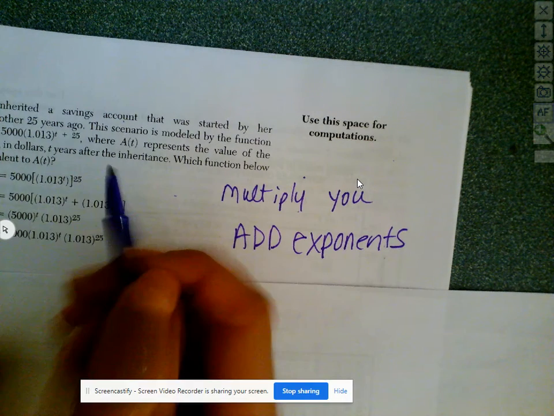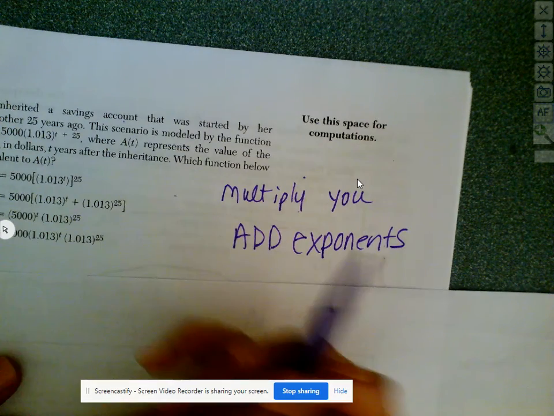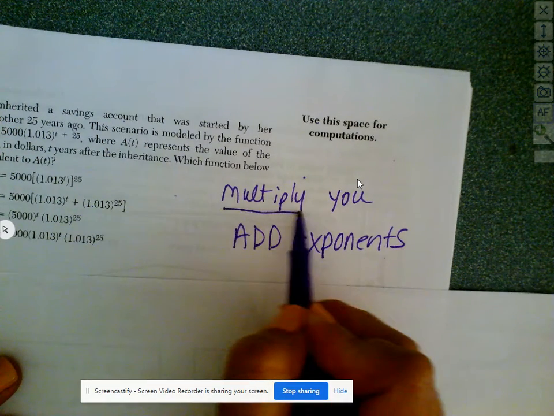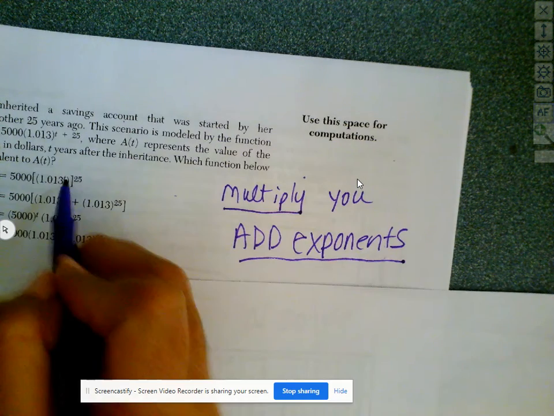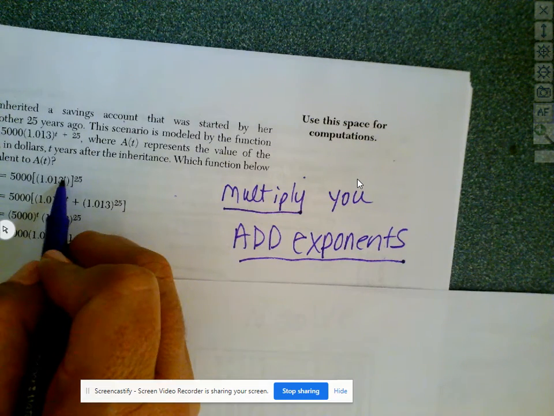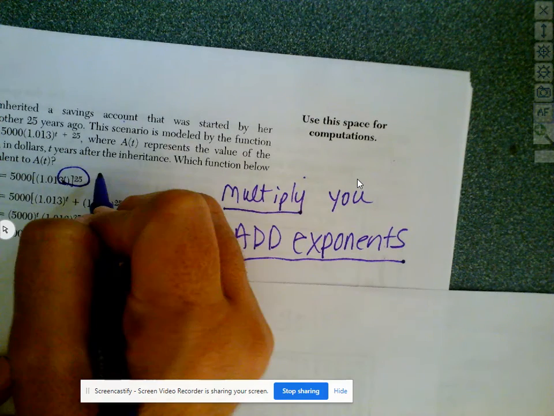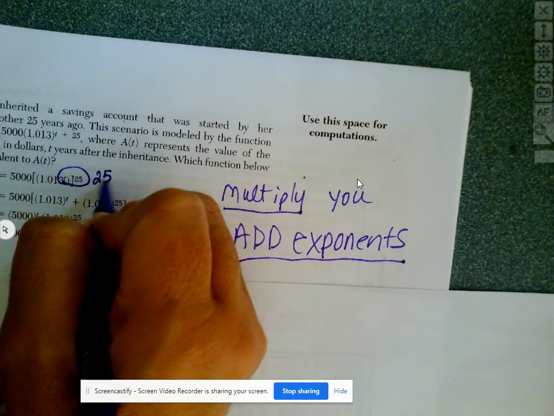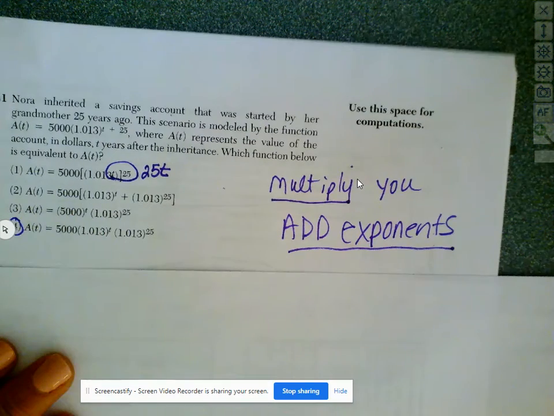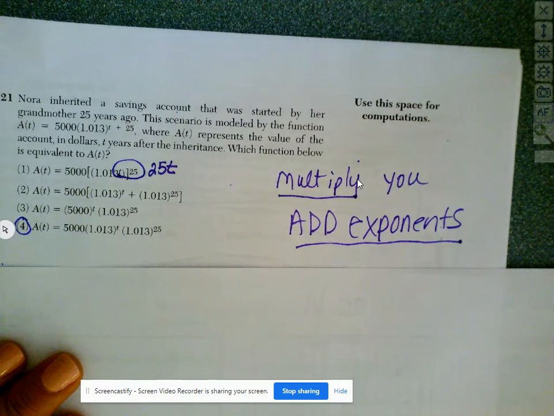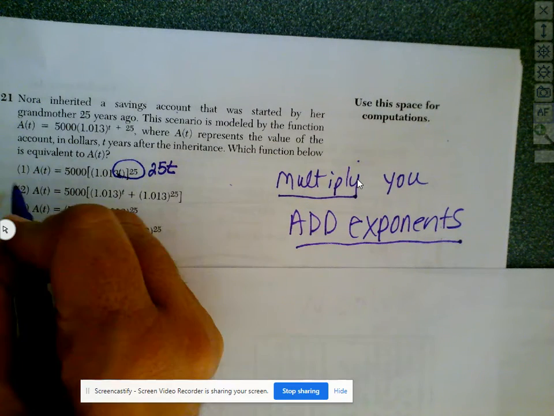So we are dealing with exponents, and we know when we multiply exponents, you add the exponents. Here, this is a power of a power, so these would actually give you 25t, because with a power of a power you multiply. For this one, we're adding exponents, but they're not like terms, so we can't combine them.